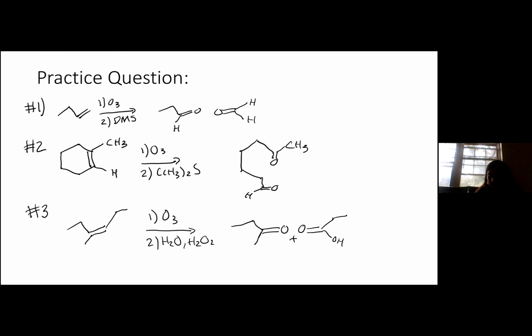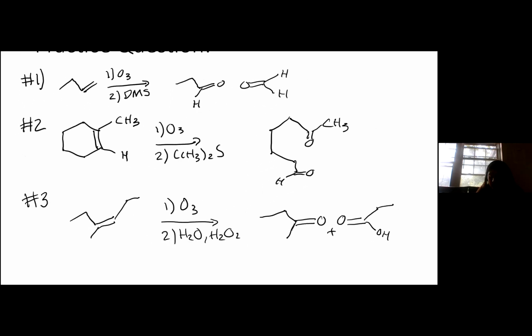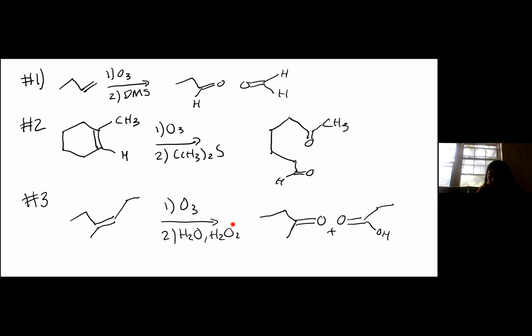Unfortunately, I already showed you this number 3 right here. Just to go over it real quick, this is an example when you have H2O2 and H2O at step 2. This means that the aldehydes are going to be converted to carboxylic acids. Again, we're splitting this bond in two. So these two substituents stay on the same carbon because they're attached to the same carbon.